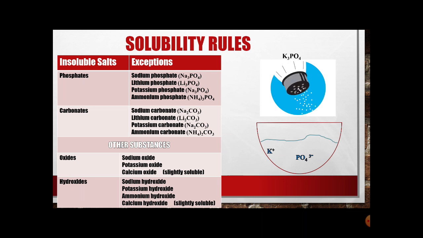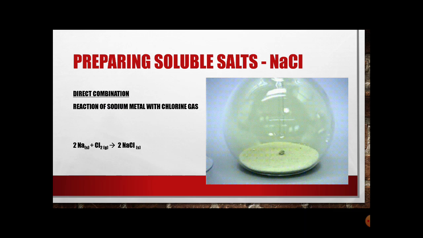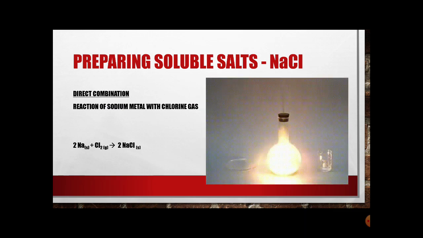Study their exceptions as seen in your notes. The name of the salt tells exactly which ions are present, so be sure to again study the ions and their names.